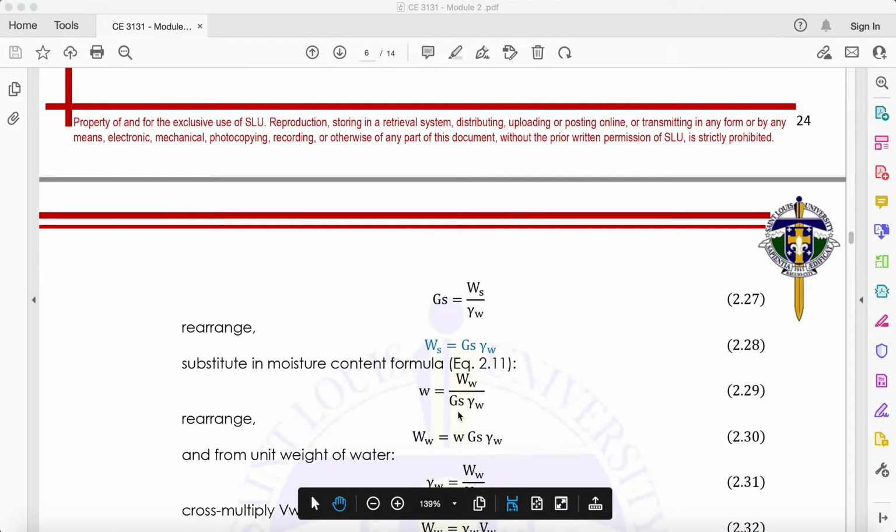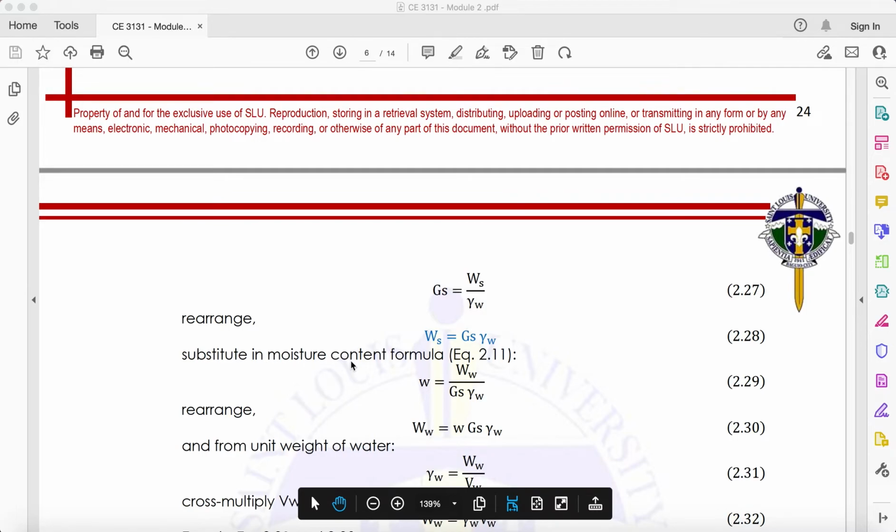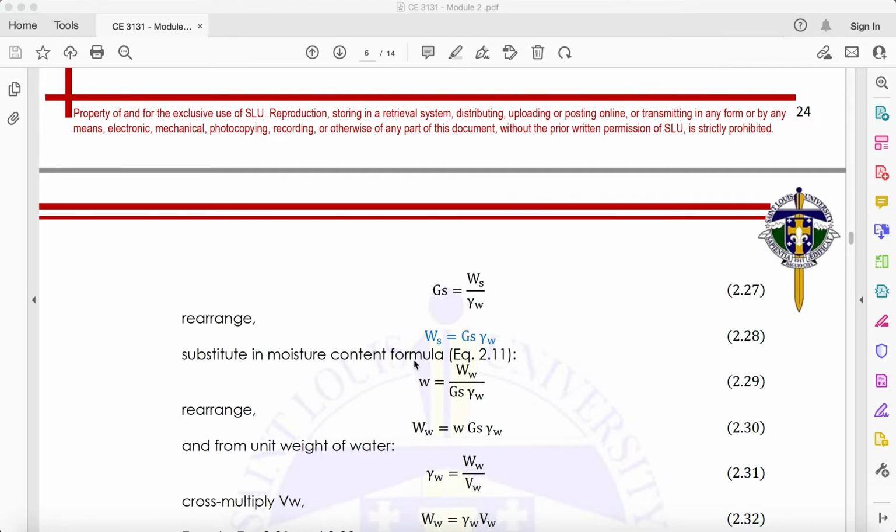Okay, now we substitute in the moisture content formula. So moisture content, or w, is equivalent to weight of water divided by the weight of soil. And weight of soil here is equivalent to Gs times gamma w. So that is Gs times gamma w.